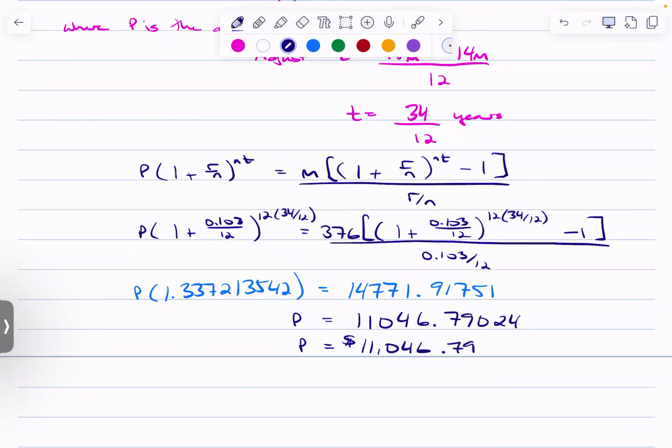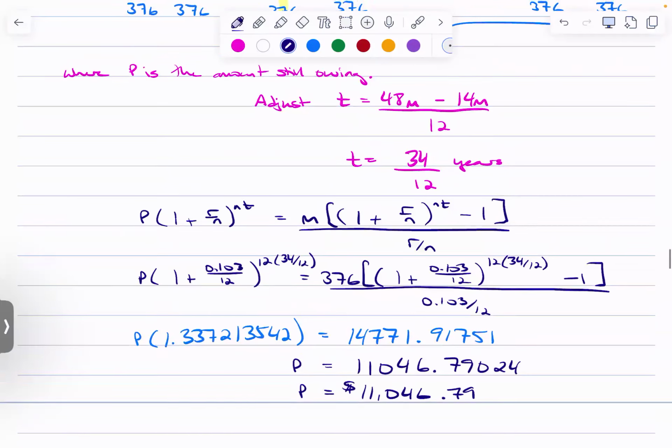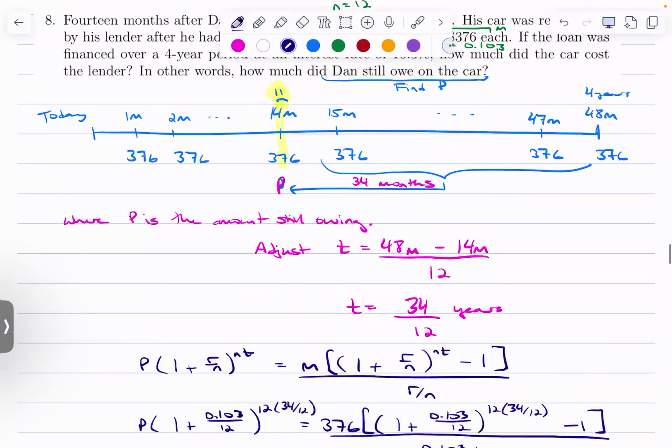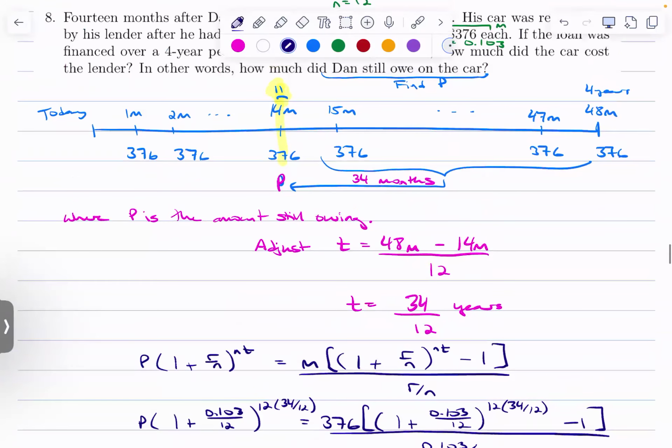What he's already paid, because he paid 376 for 14 months. We only pulled the arrow to the 14-month mark. You don't want to do it otherwise, because you can solve it like that, but it would be harder.